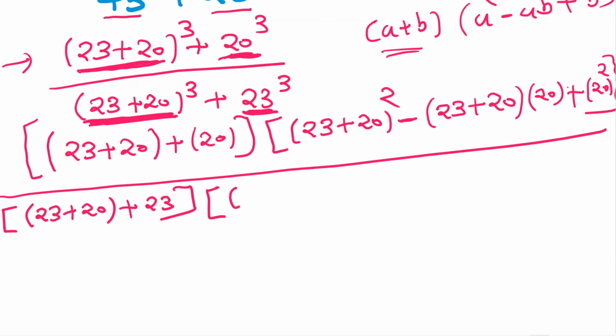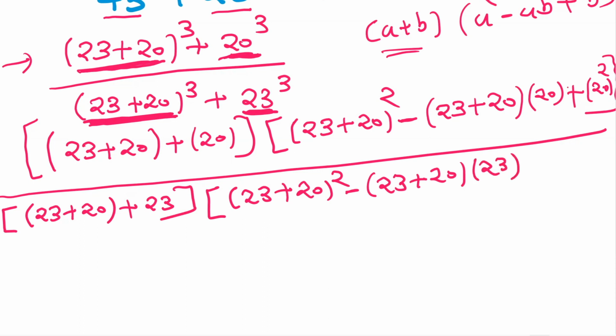Now a square minus ab plus b square. So a square is going to be 23 plus 20 whole square, minus ab: 23 plus 20, which is my a, and 23 is my b, plus 23 square, which is my b square.